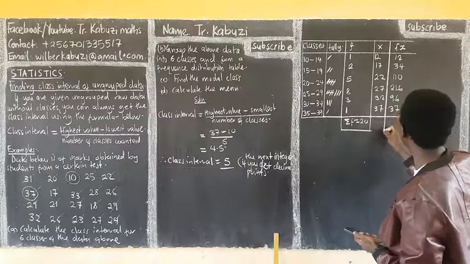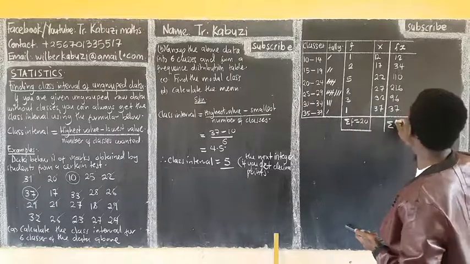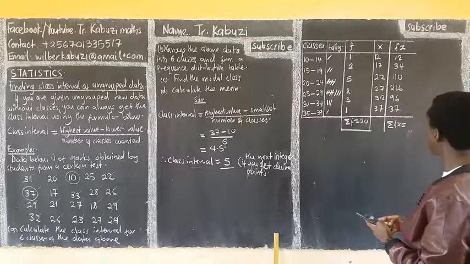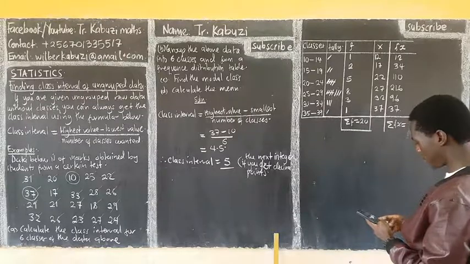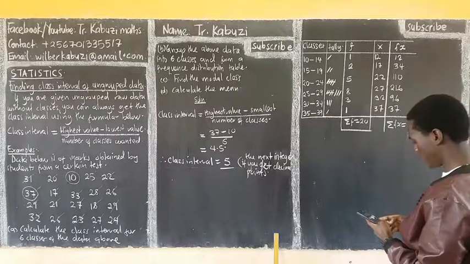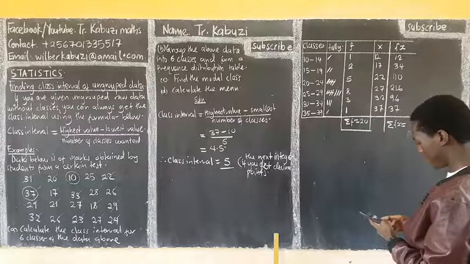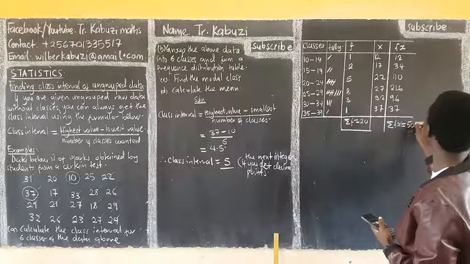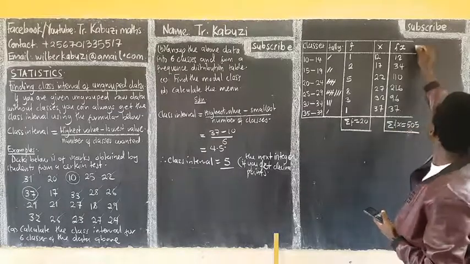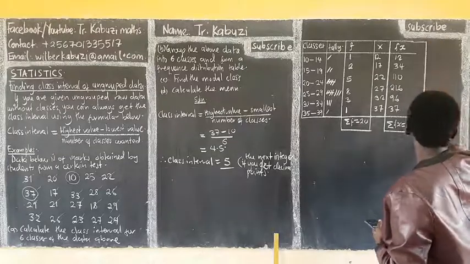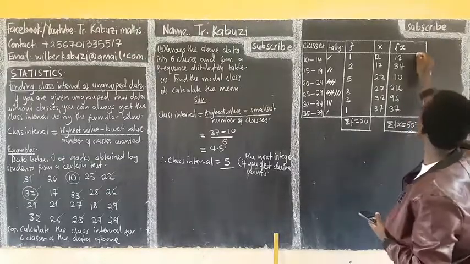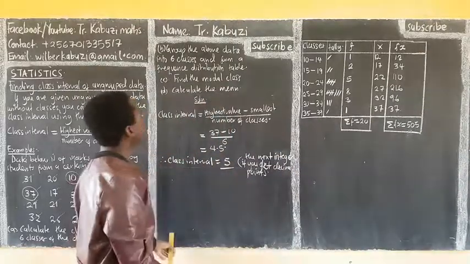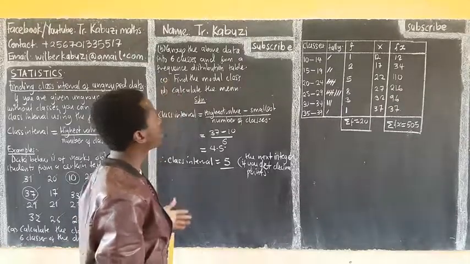Then after we sum that, we need the sum of fx. So you say 96 plus 37 plus 216 plus 110 plus 34. The answer I'm getting is 505. Now, after that, you can easily answer these questions. Now we have finished constructing the distribution table.